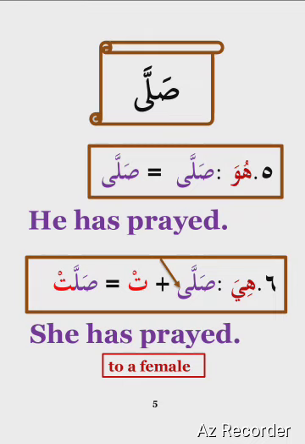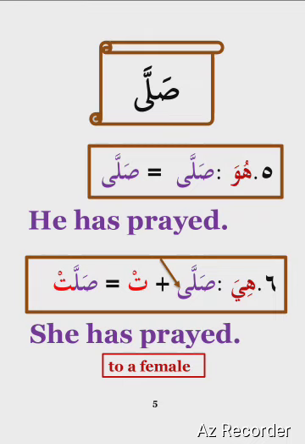Do you remember that 2 letters carrying sukun will never meet in Arabic? We must do something to avoid it. So in order to avoid the meeting of 2 letters carrying sukun at the same time, we must cancel the ya'un at the end of the verb salla. So the verb salla will now become sallat. Sallat, which means she has prayed.